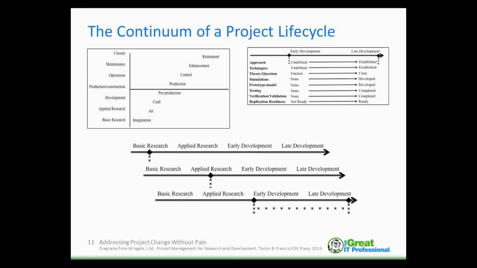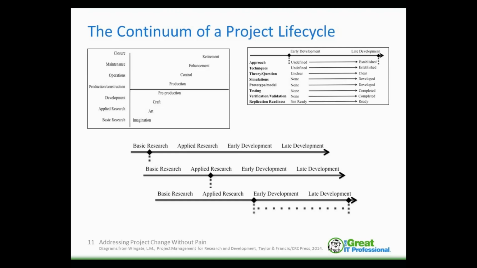For example, you could have a production project which has a software R&D element, and that complicates the project and adds risk. And you may be managing these different elements of a project with different project management methodologies. I am going to come back to that topic later in our presentation.